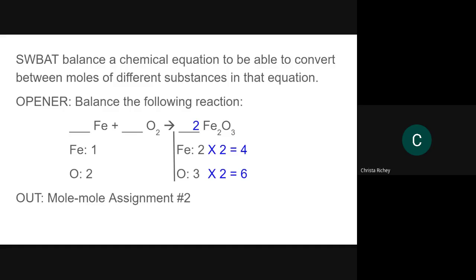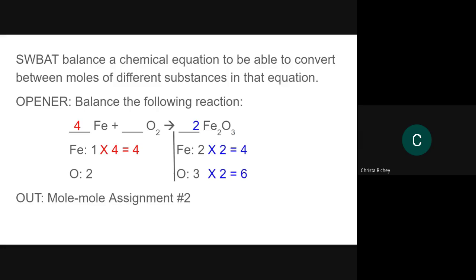Times 4. This 4 doesn't change anything else. Every time we put in a coefficient, we distribute if we can. We don't have to here. And then we just double check. With iron, 4 is equal to 4 on both sides.